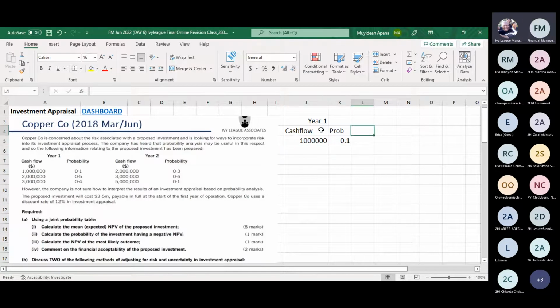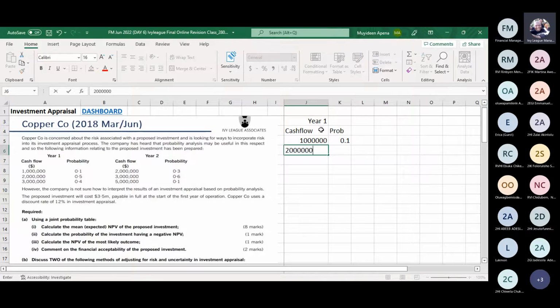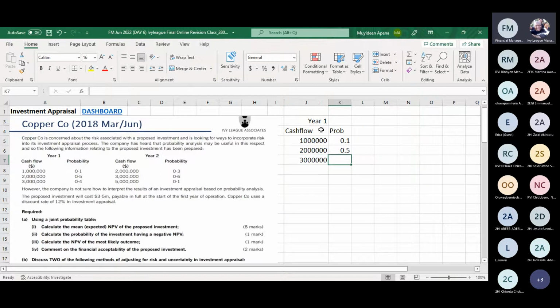We also have 2 million on the probability of 0.5, and then we also have 3 million on the probability of 0.4.